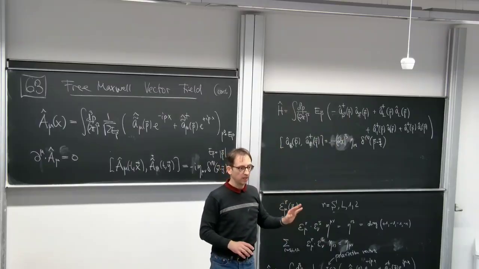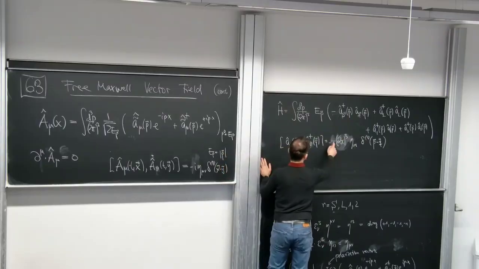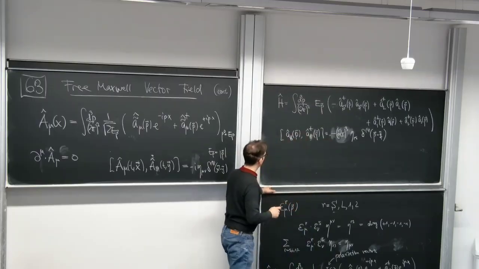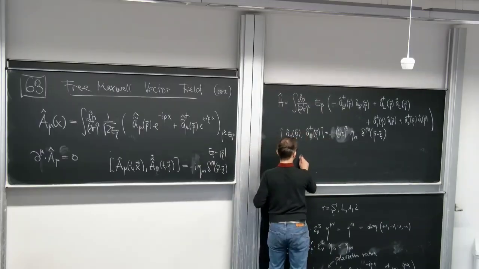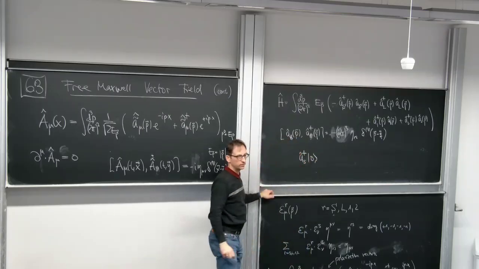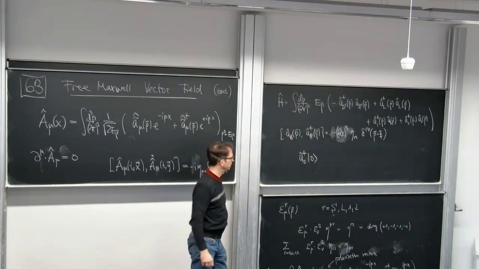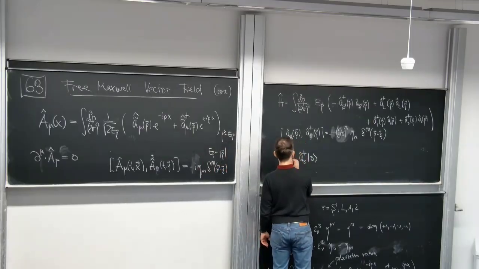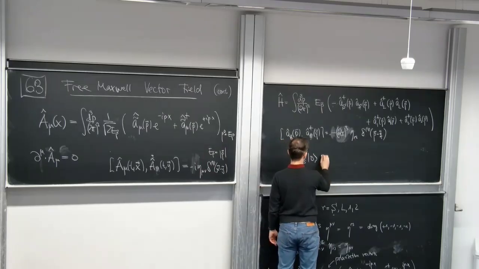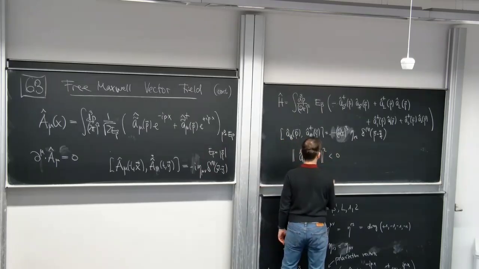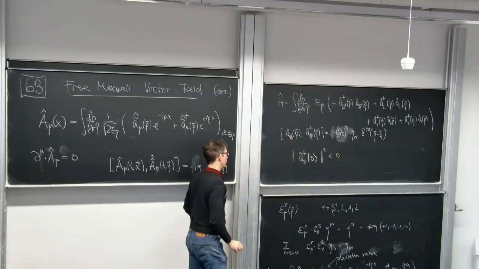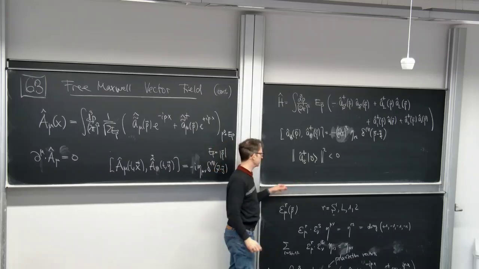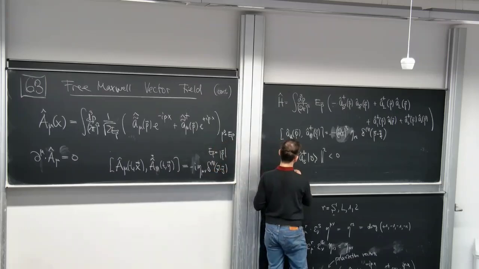eigenvalues. However, this nasty minus sign makes the norm of a scalar photon negative. The norm of this state is negative. But I want to see how this comes about.